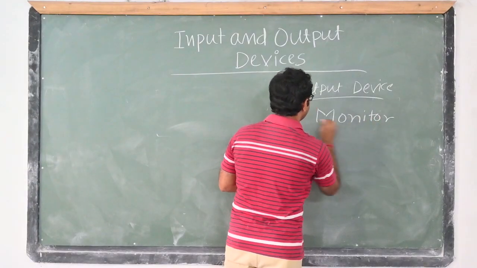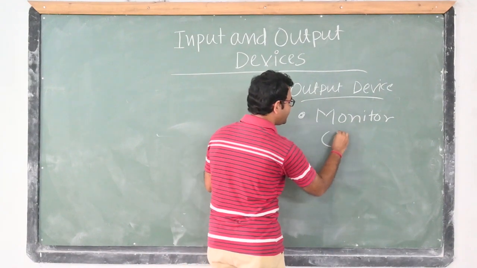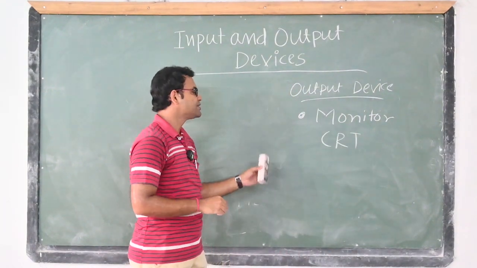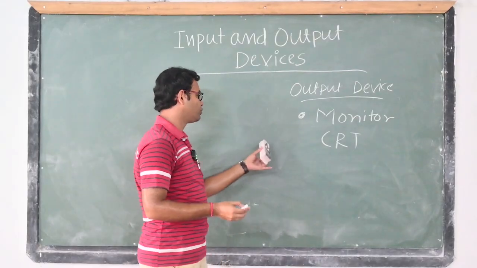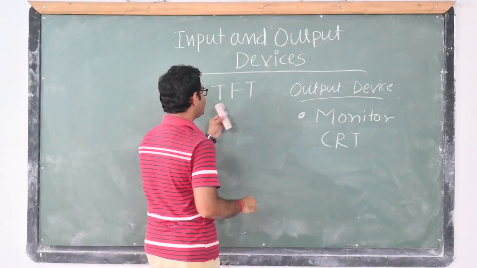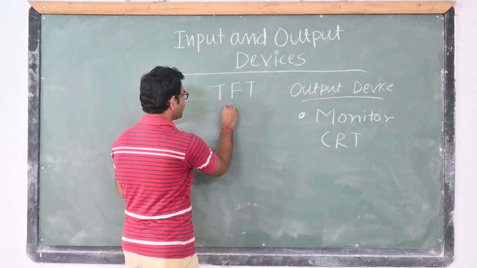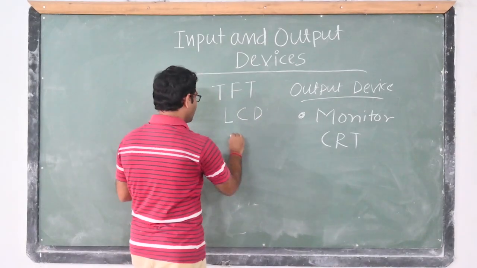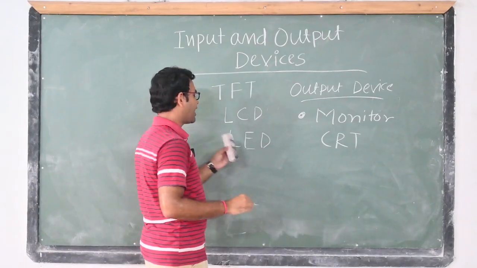In ancient times, the monitor was basically the CRT monitor, cathode ray tube. But after that, we use various kinds of monitors, like TFT, thin film transistor, the LCD monitor, liquid crystal display, and the LED monitor, light emitting diode.